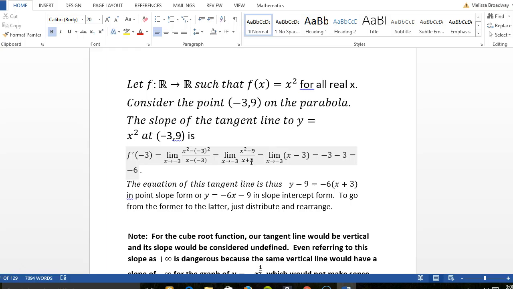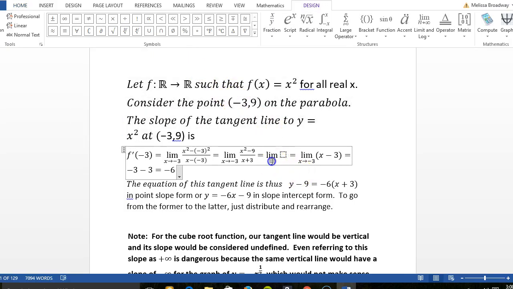You can insert that step if you wish. And you'll get the limit as x goes to negative 3 of x minus 3. Again, difference of squares: x squared minus 9 is x minus 3 times x plus 3. I probably should put that in. If you were ever in a calculus class, your professor might not approve.